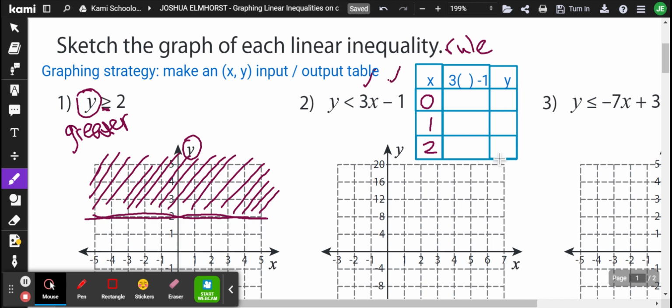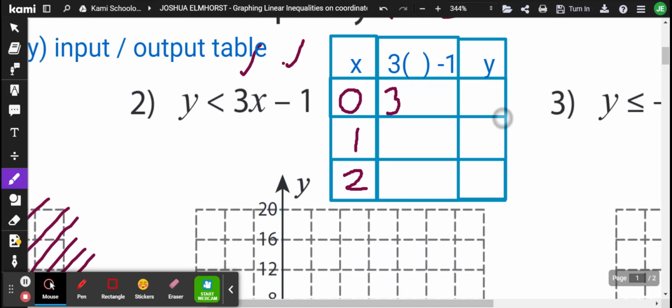So how that's going to work is, write 3 in here, and we put in 0 minus 1. So wherever the x is going to be, we're going to take out the x and just substitute some values in here.